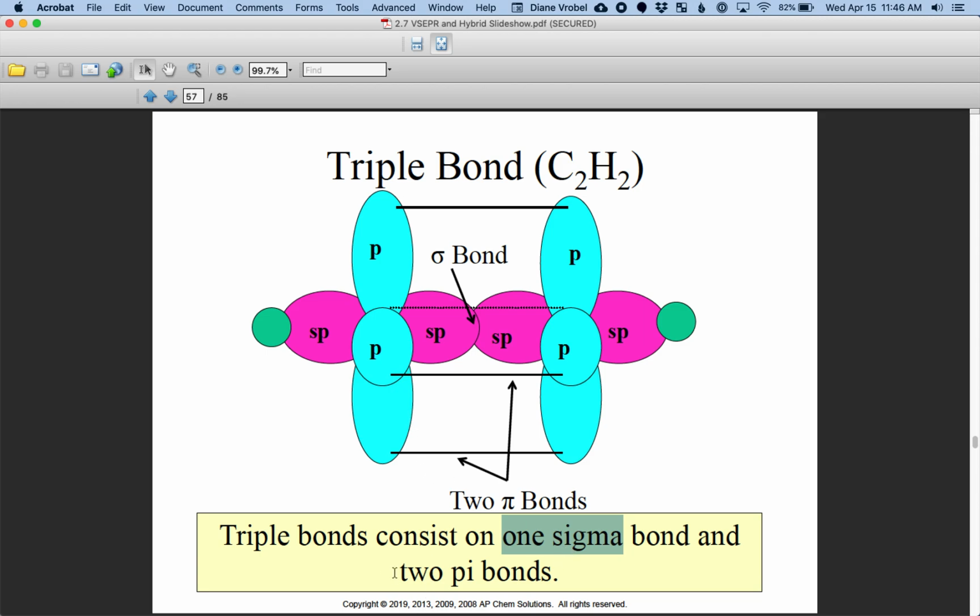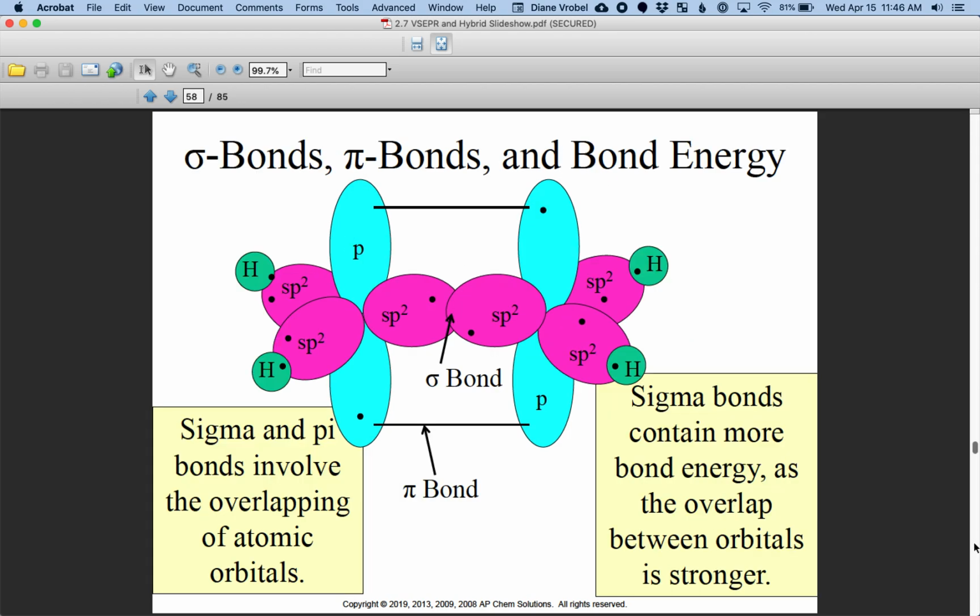And you have two pi bonds that are overlapping, and that's where you have the 6 electrons that are being shared. So you have 2 electrons being shared in the sigma bond, and then you have 4 electrons being shared in the 2 pi bonds. I hope I said that right. So one sigma and then 2 pi bonds with a total of 6 electrons.